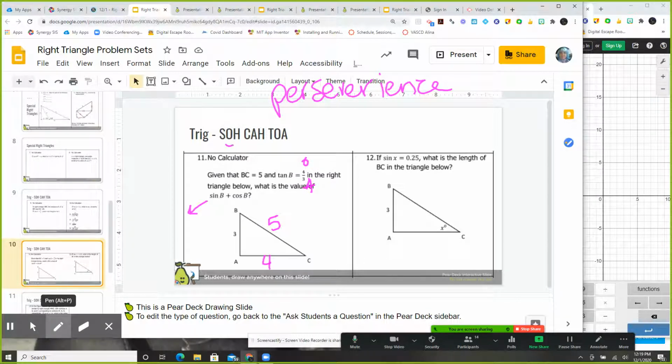What's the fraction for sine of B? So what numbers would that be? O over H.